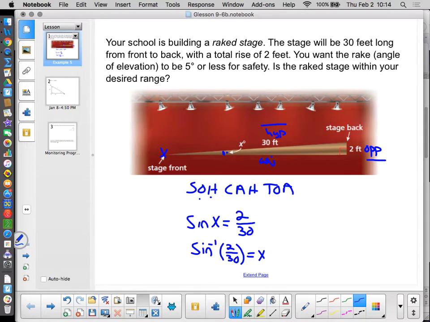So, calculator, second function sine. Make sure you see that sine inverse in your calculator, sine -1, 2 divided by 30. If you want to reduce that to 1 over 15, it's not going to make a difference. It tells me that angle is about 3.8 degrees. And I have a wonderfully raked stage that is safe. It's a 3.8 degree angle of elevation. There we go. I have solved that problem using trig.